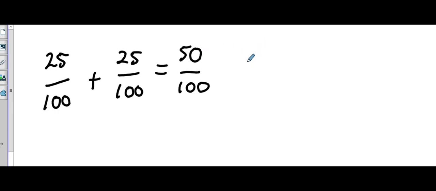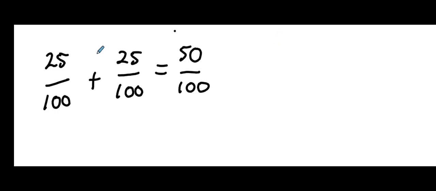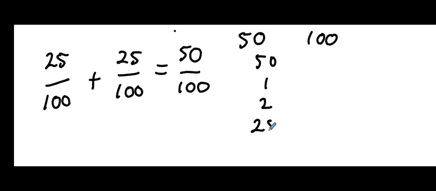Now I need to simplify. I need to find the highest common factor of 50 and 100. So we need to look at the factors of 50 and 100. The factors of 50 are 50 and 1 and 2 and 25.